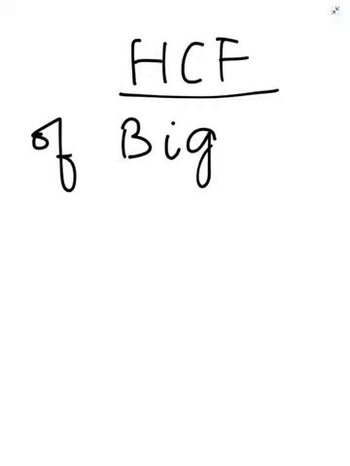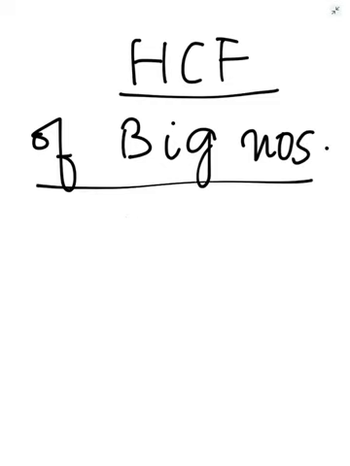Now moving on to the HCF of big numbers. Small numbers we can factorize and find the HCF, but when big numbers are involved, how do we find the HCF?